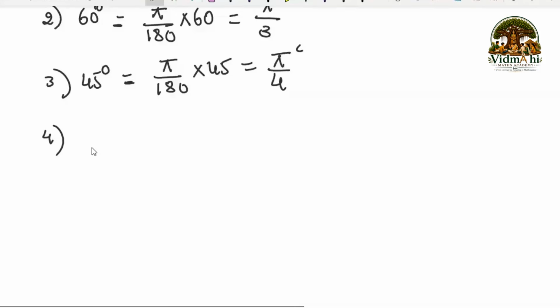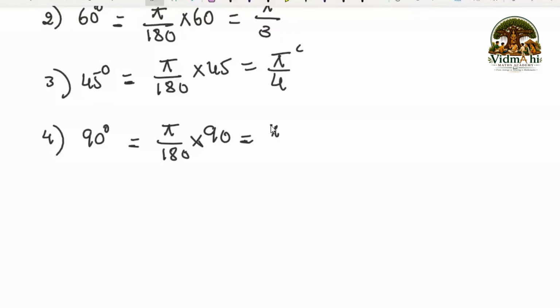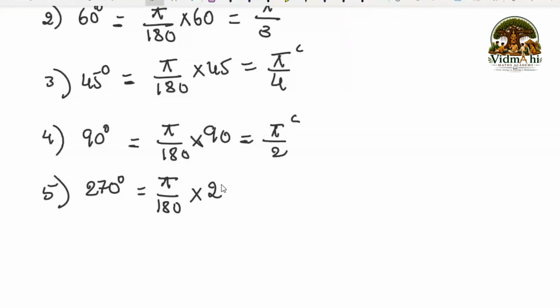And the fourth one, 90 degree, is pi by 180 into 90, that is pi by 2 radian. Next, 270 degree is pi by 180 into 270, that is 3 pi by 2.